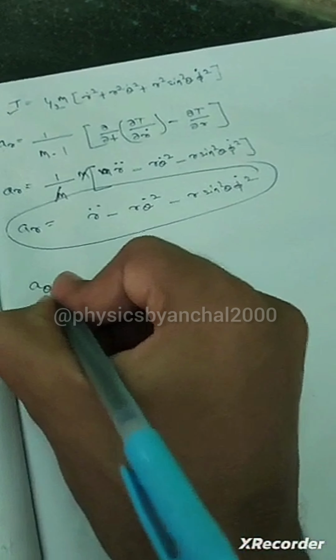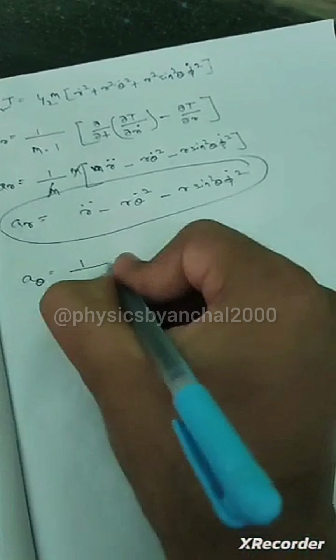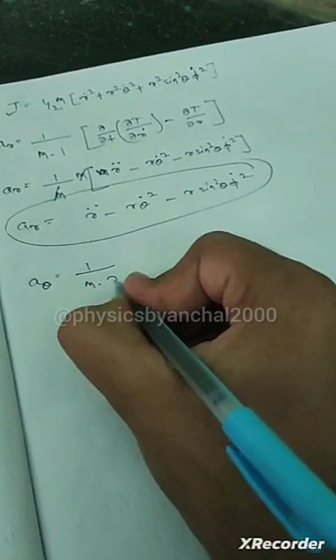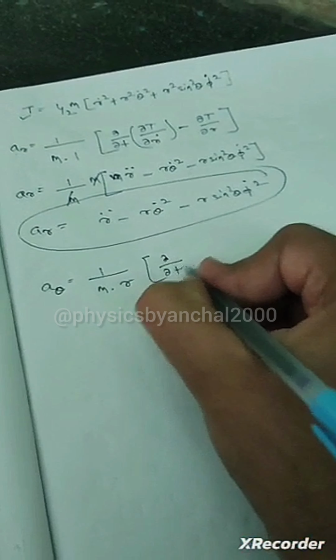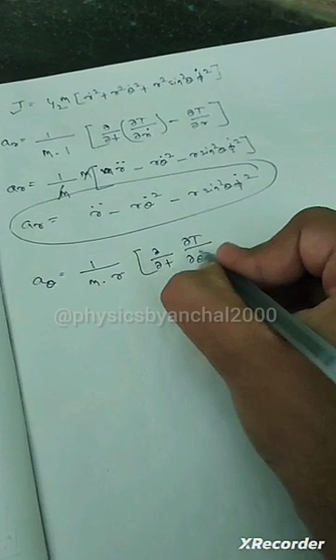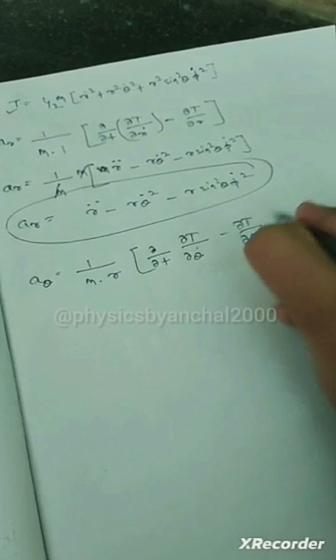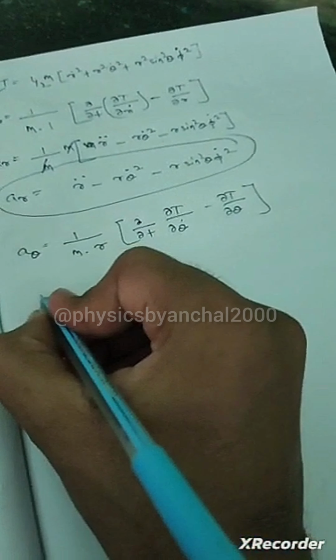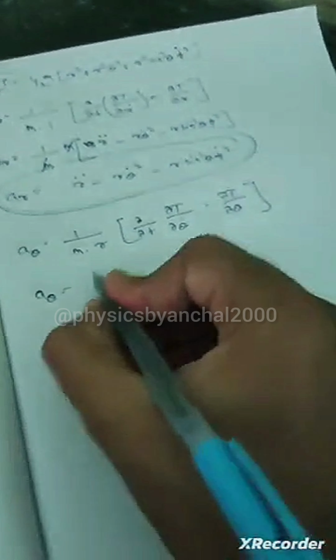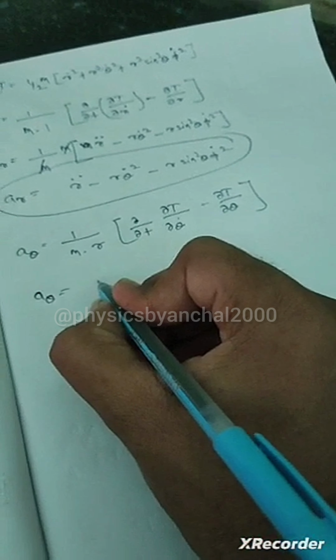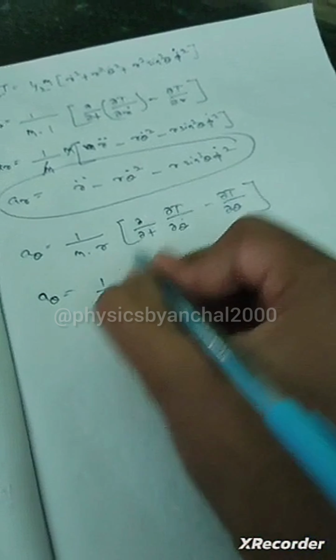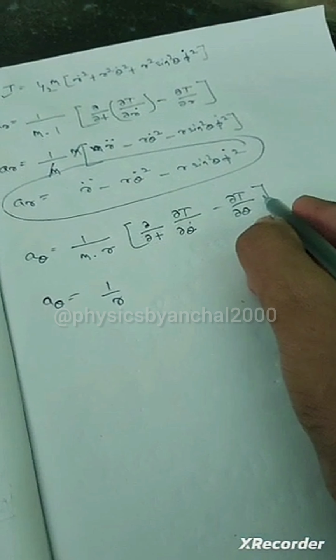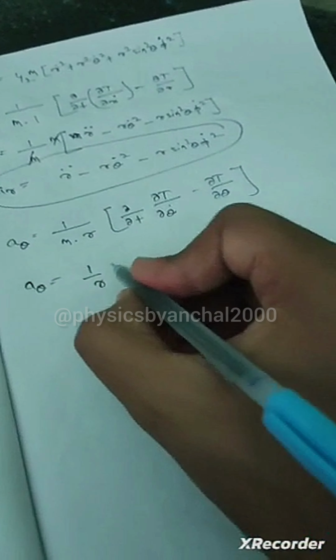Now we can see what the theta component of acceleration is. The theta component of acceleration will be 1 by m into r, d by dt of dT by d theta dot, minus dT by d theta. Now putting in the value of T, it will be 1 by r; I take m common and cancel it out.